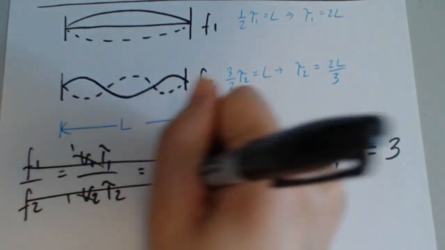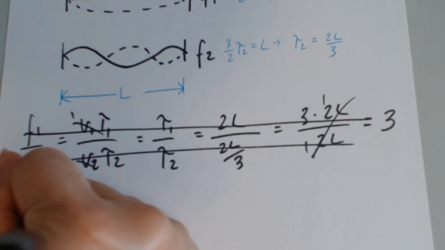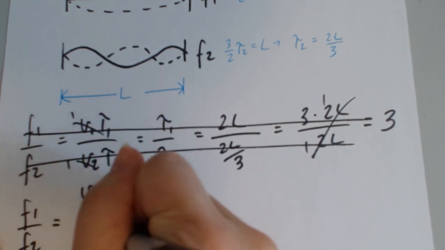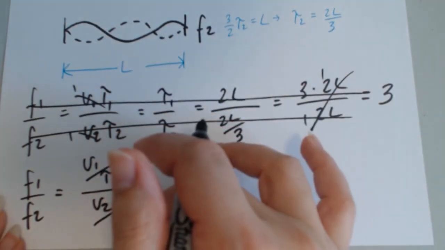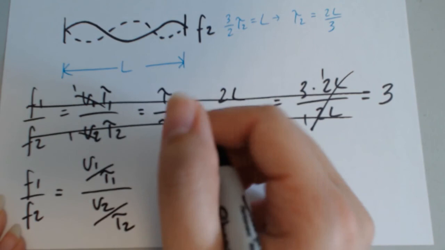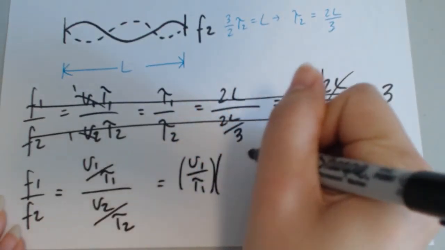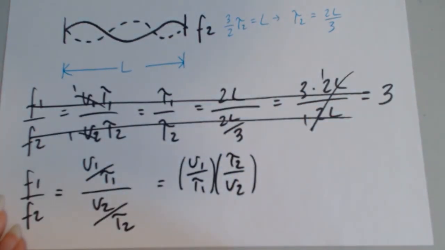I apologize. All right, so F1 over F2 is going to be V1 over lambda 1 over V2 over lambda 2. So I have a fraction over a fraction. So a fraction divided by a fraction is the top fraction times the reciprocal of the bottom fraction. So like this. Okay, this makes a lot more sense.